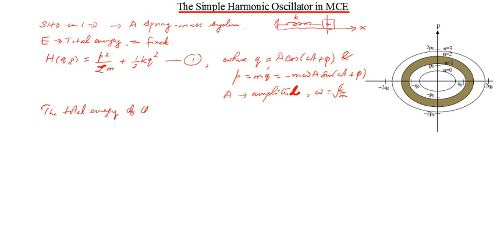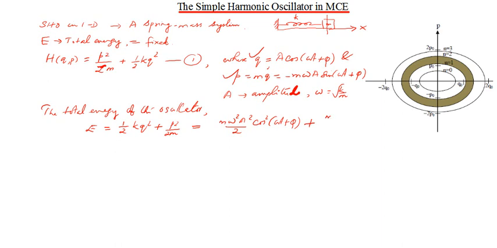E is equal to half K Q square plus P square by 2m, and we can substitute for Q and P. So it will be m omega square A square by 2 cos square(omega t plus phi) plus m square omega square A square sine square(omega t plus phi) divided by 2m.